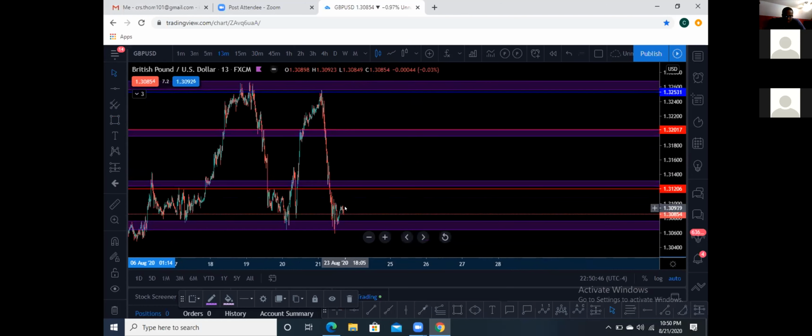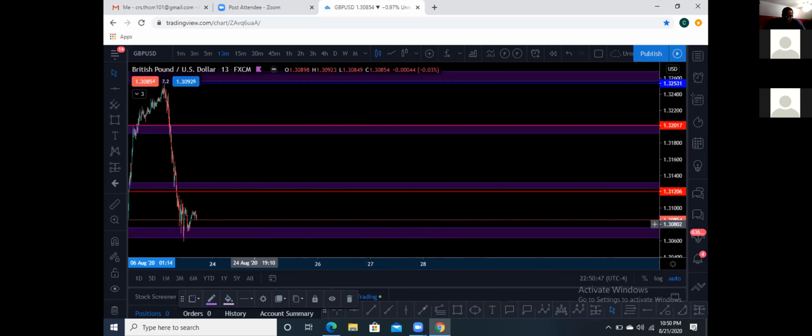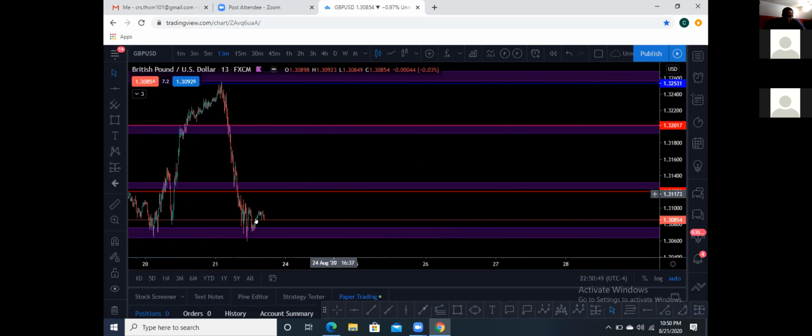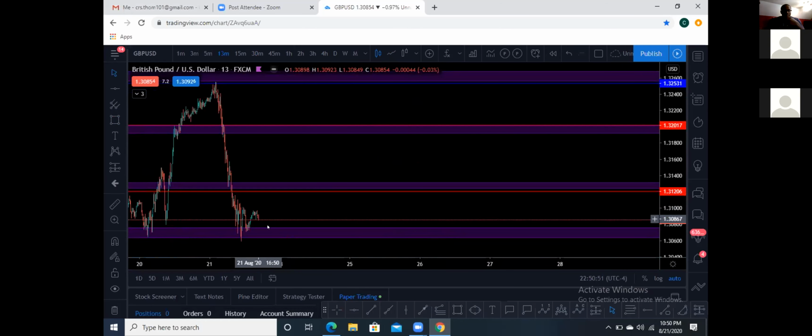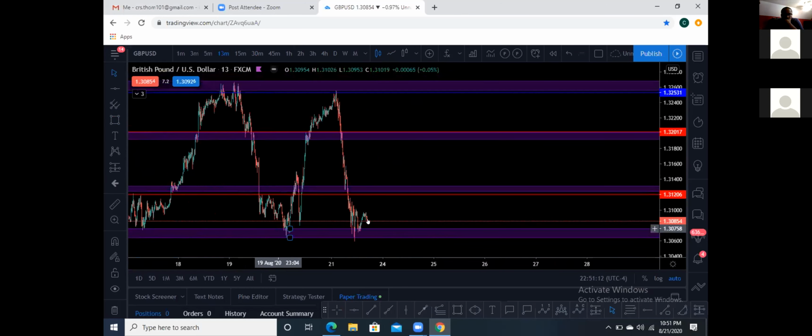So if you look at price action right here, let's just say, for example, it comes down and touches my support. Well, I want some confirmation that it's going to come back up and not keep going down. And if it does come down, will it come back up at the same time? You have to prepare for all of it.